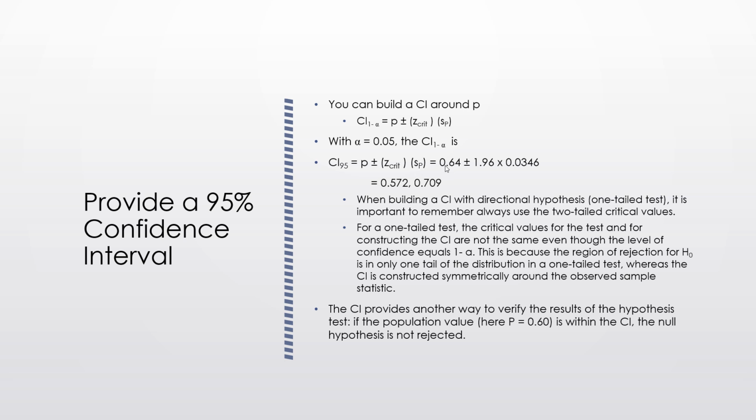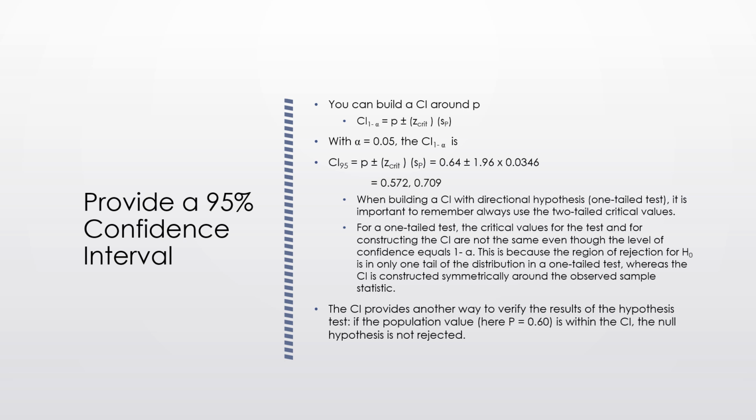So we have 0.64 plus minus 1.96 times 0.0346, giving a confidence interval that ranges from 0.572 to 0.709. Because the population proportion p equals 0.60 is within this range, our decision not to reject the null hypothesis is validated.